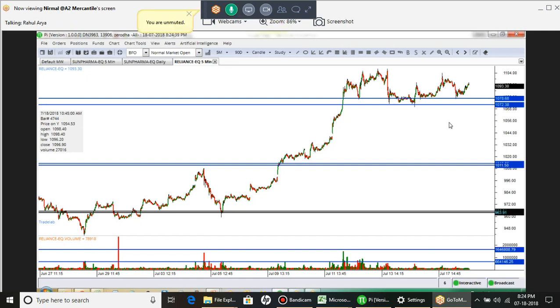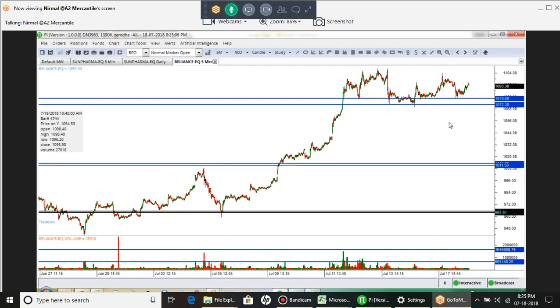Rahul, yesterday and day before yesterday, what did we identify on the Nifty trend? It was range bound. On the stock side, yesterday and day before yesterday, we were studying the stock.